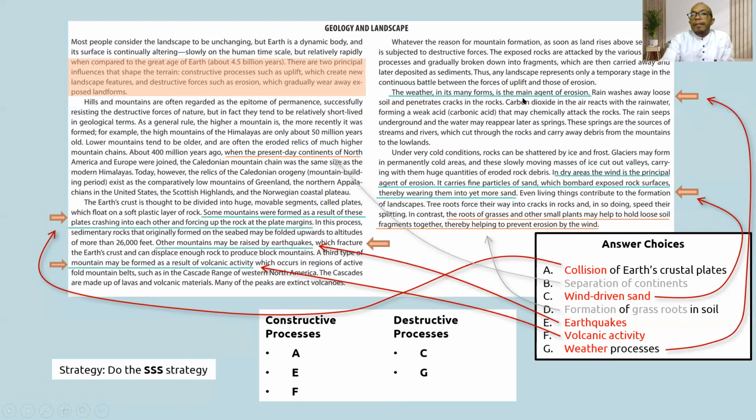So the weather is the main agent of erosion. So erosion is when a terrain or a rock is eroding and it loses its form gradually into nothingness, right? So that makes it something destructive. Therefore, the answer is as seen on the screen.